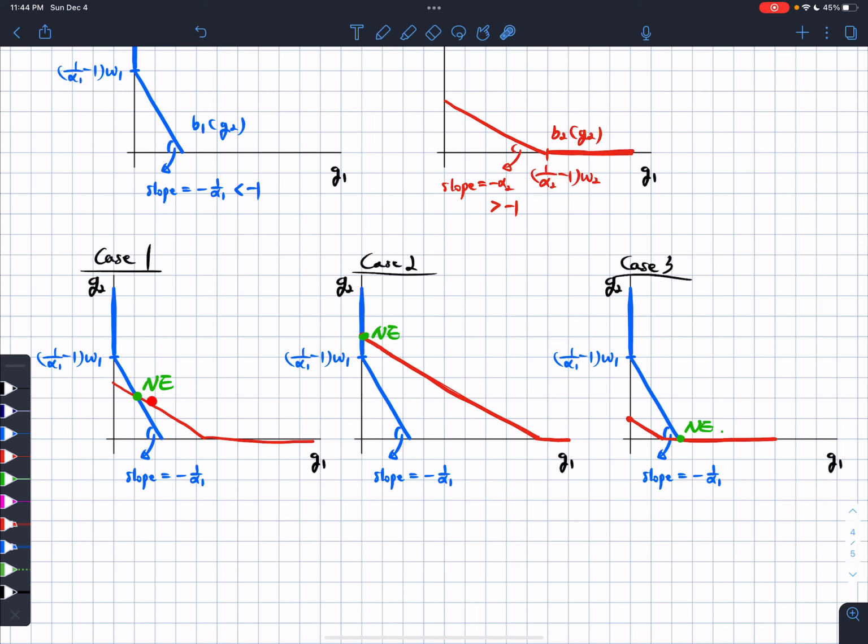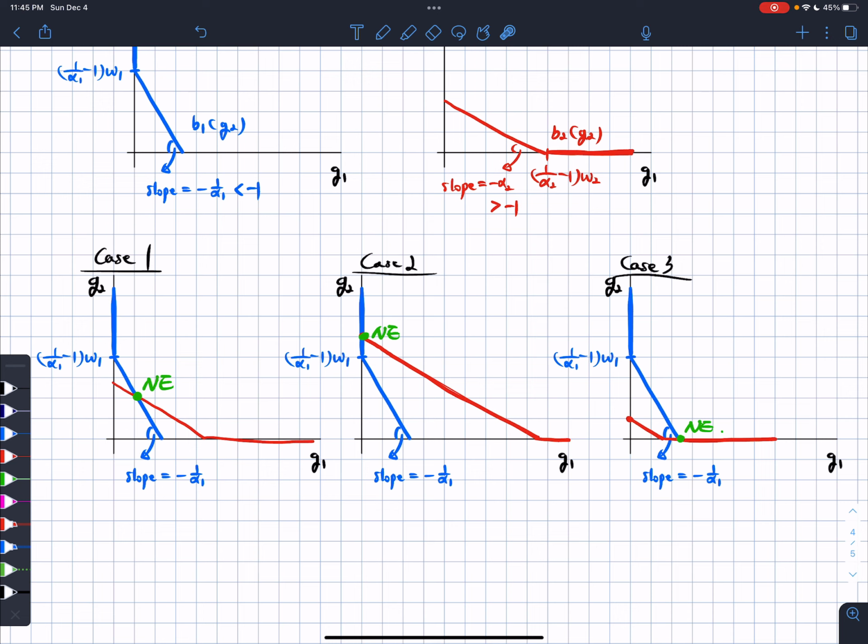And to be super perfect, you have to consider all of these cases separately, but to simplify our argument, we're going to assume that the values of these parameters, alpha 1, W1, and also alpha 2 and W2, are such that we are in case 1, okay? And when would this be the case?